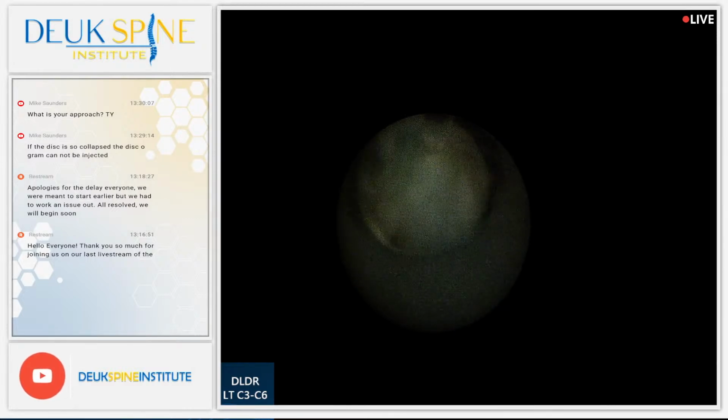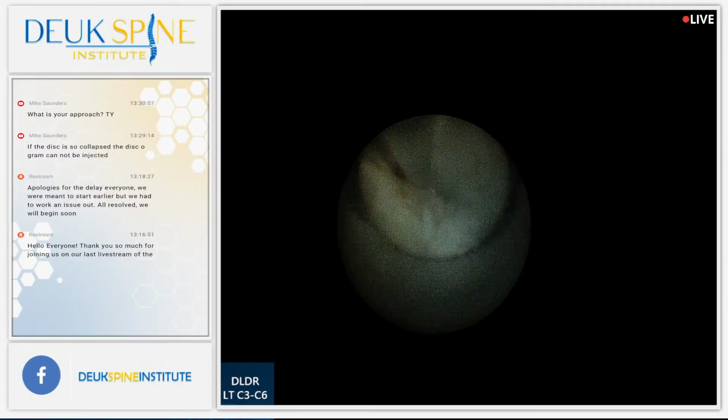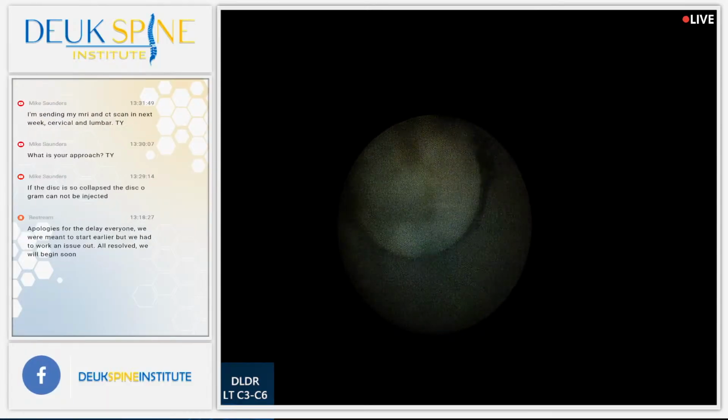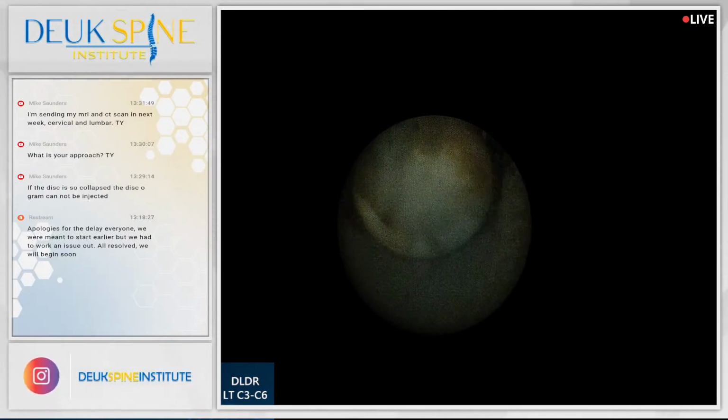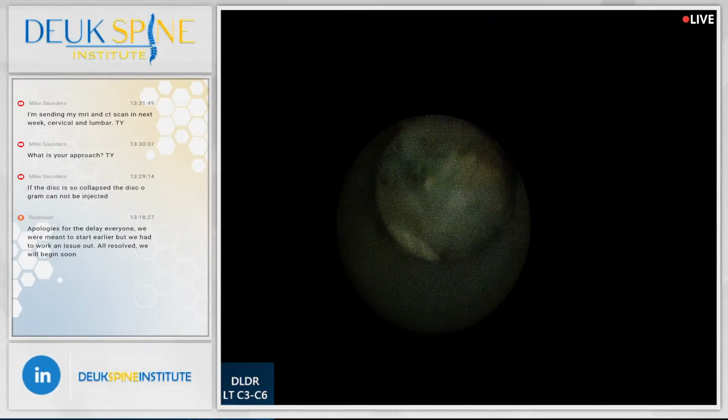I expect it to go well. Her disc herniations are pretty much almost identical. If you look at them on the MRI, there's not much difference in them. This one right here that I'm doing first is going to be the hardest, not because of the size of the herniation, but because of its location next to the fusion.